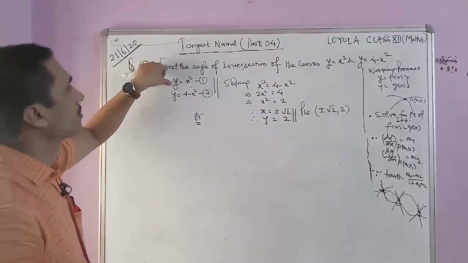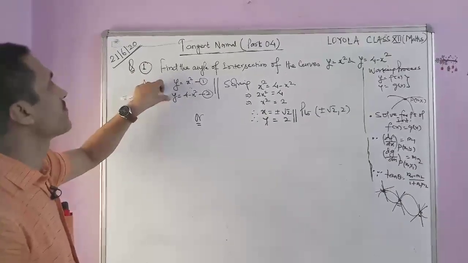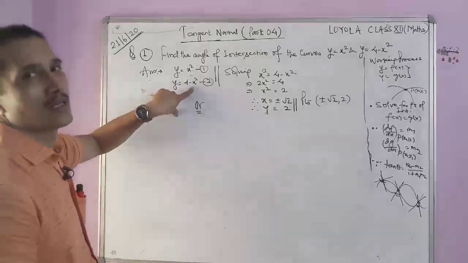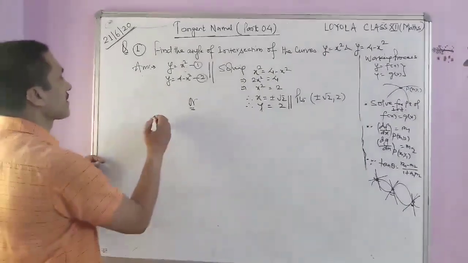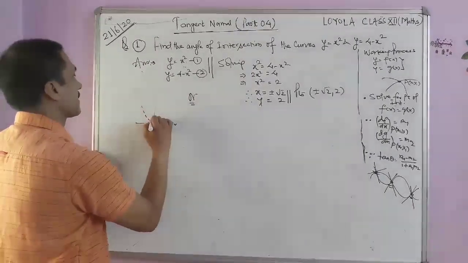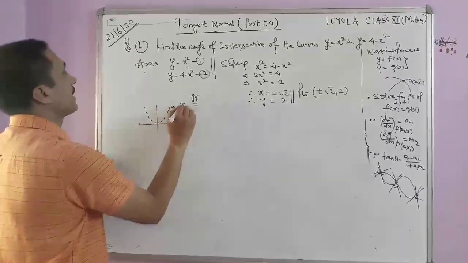Here we see this question graphically. Here y equals x square, y equals 4 minus x square. This is the curve y equals x square.